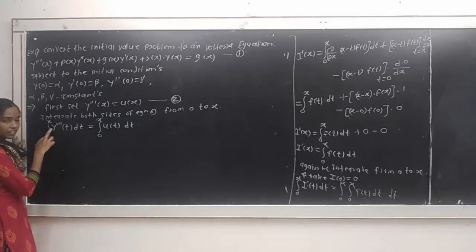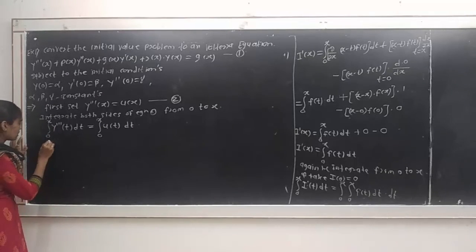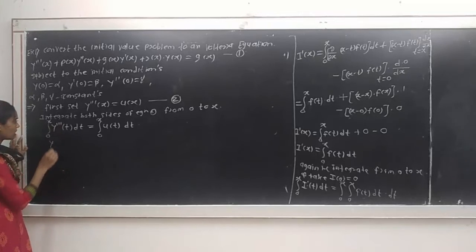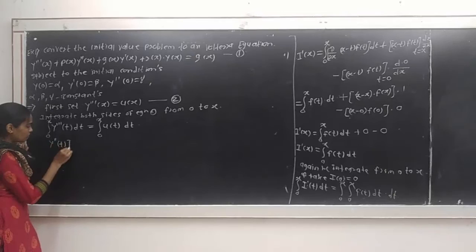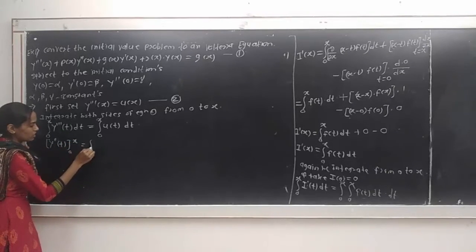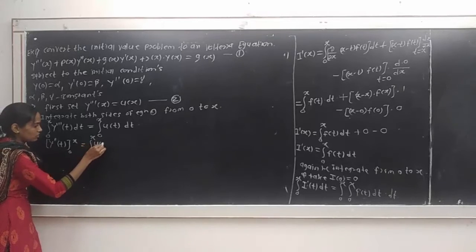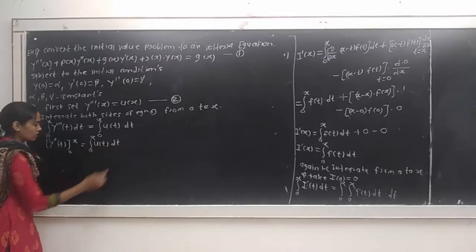Then if we take the integration, one derivative and the integration get cancelled, and we get y double dash of t from 0 to x, equal to the integration from 0 to x of u of t dt, as it is.